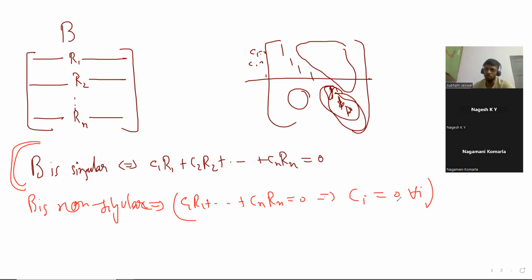It's the same statement, there's no difference. So what I've just said is that B is non-singular, B is invertible, determinant is not 0. It means that the rows are linearly independent.